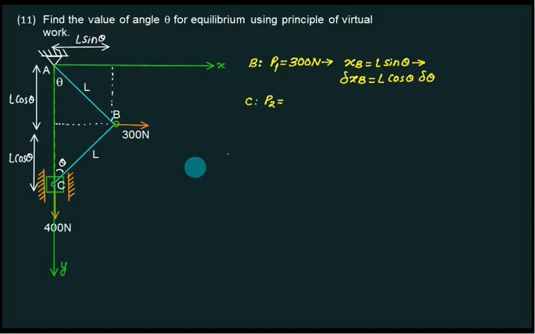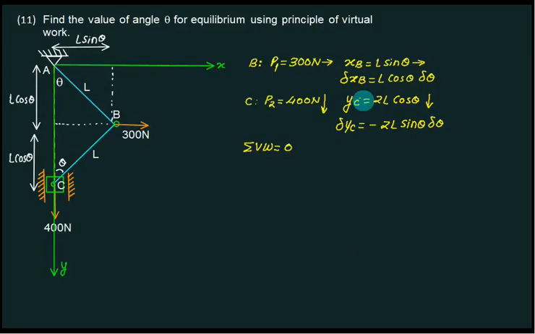That force is given as 400 Newton. Since it is downward, I require y at point C. What is the vertical distance of point C from the origin? Is it 2L? And for point C, our y direction is downward. So what is the partial derivative of this? It is minus 2L sin theta del theta.